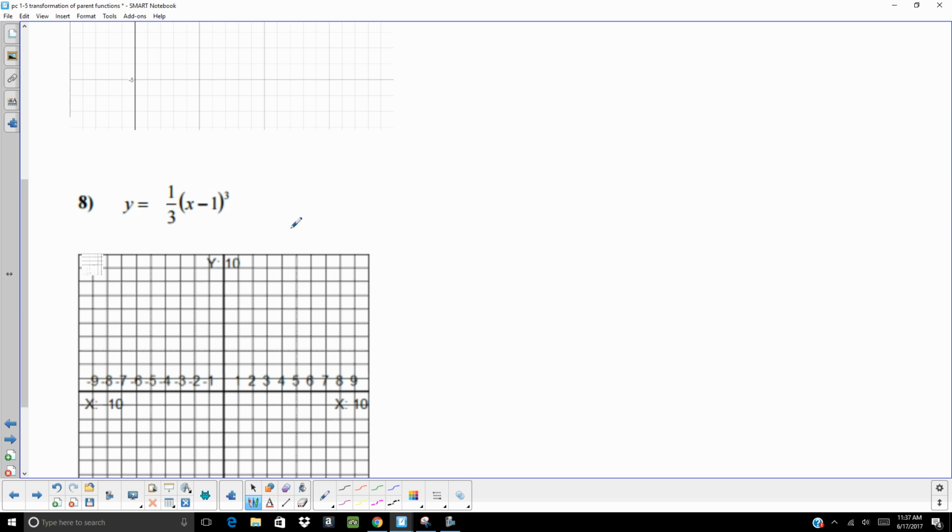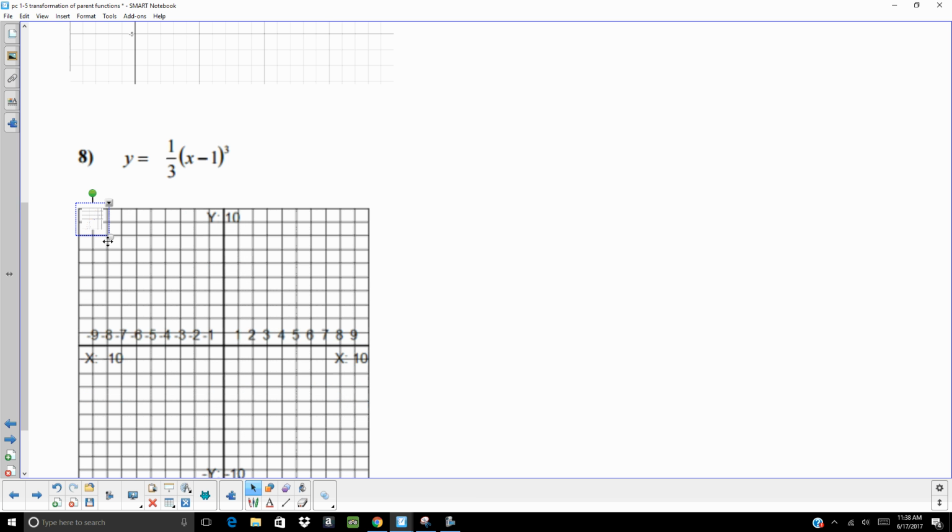That 1/3, that's going to make the graph a little bit wider, a little bit fatter. I'm going to get a vertical compression, vertical shrink. And that -1, it's in with the parentheses, so that means that it's going to be shifted to the right one. Shifted to the right one, vertical shrink by a factor of 1/3.